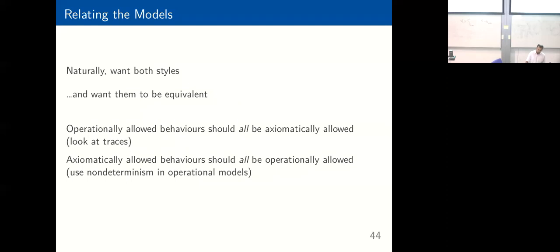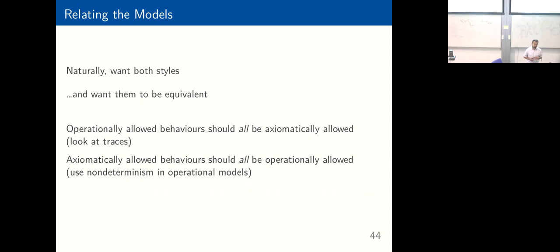Okay, so if there are good properties of both, naturally you want both styles, right? And you want them to be equivalent. I'll not take any time. I'll just say that we can do this for the SC models that we have seen. All operationally allowed behaviors we can prove, by looking at how the operational model came up with those, justifying those behaviors, can also be allowed in the SC axiomatic model.